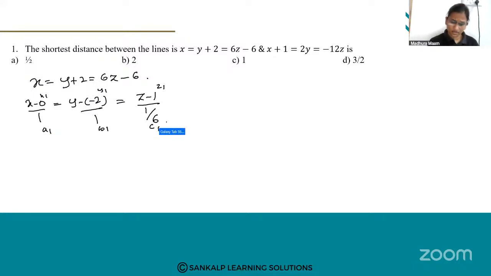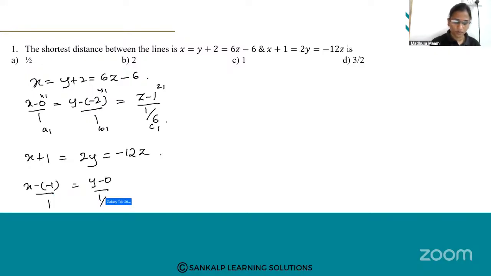Similarly, next, what is there? x plus 1, 2y minus 12z. So this can be written as y minus 0 by 1 by 2, z minus 0 by minus 1 by 12. Correct? If you rewrite.